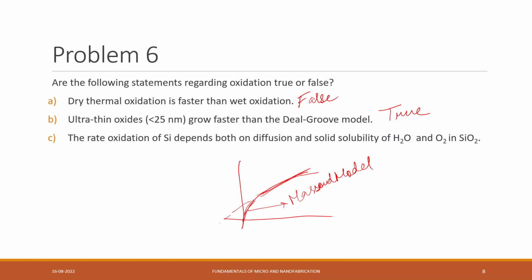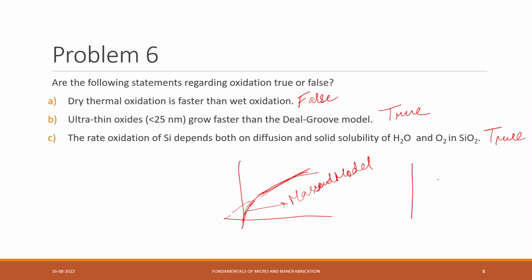The rate of oxidation of silicon depends both on diffusion and solubility of H2 and O2 in silicon oxide. Anybody? It's true. We know that the species has to diffuse through the silicon oxide.